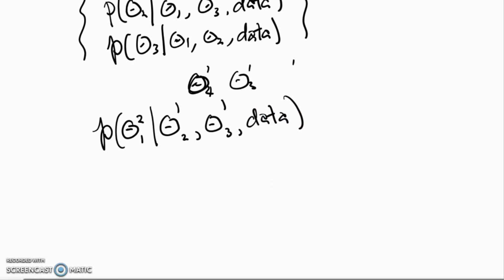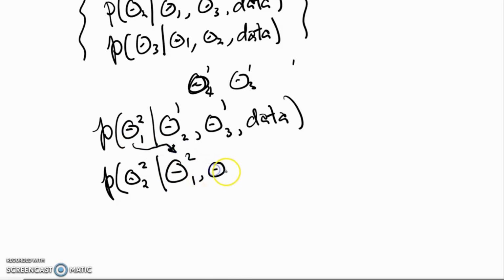And then in the next step we get the probability of a new value of theta 2 conditional upon this new theta 1, and theta 3 and the data.